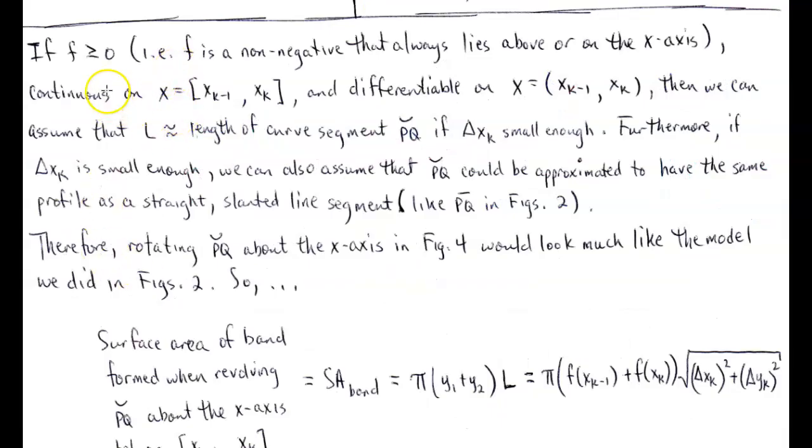All right, so notice that if the function we're dealing with is non-negative, which basically means that function lies either on or above the x-axis for all the x values that we're considering, and it's differentiable, which means it's smooth and continuous, then we can assume that this length L that we're using as our miniature ruler to measure out pieces of f of x can be used to approximate the length of the curve of this particular curved segment.